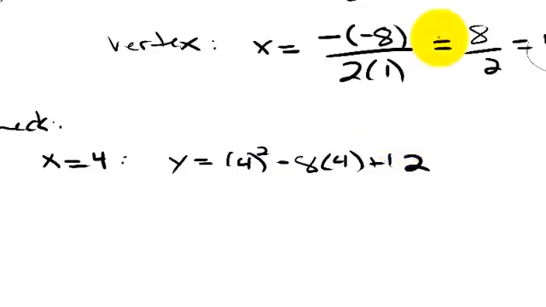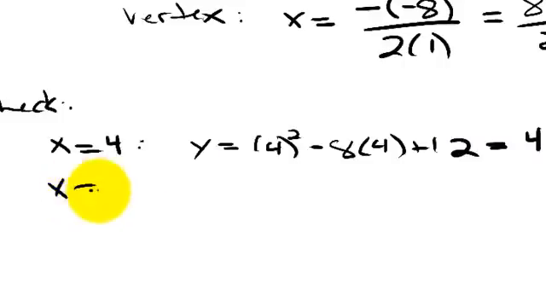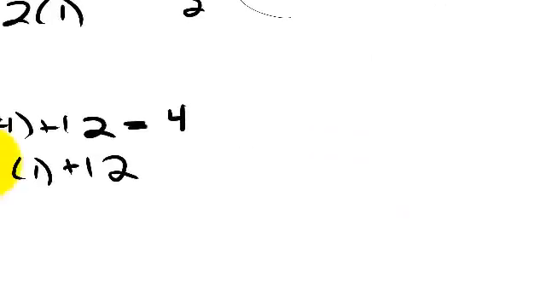And we get 4. When x equals, what's our left hand point? 1, we get y equals 1 squared minus 8 times 1 plus 12. And in the calculator, you would do this. And so you do 12 minus 8 plus 1 is 5.